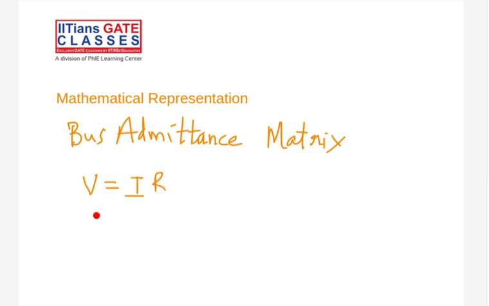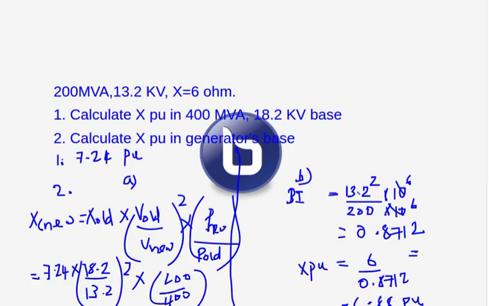So basically, whatever that term is, this is equal to V by I. Its inverse, that is Y is equal to I by V, is called admittance. All right.